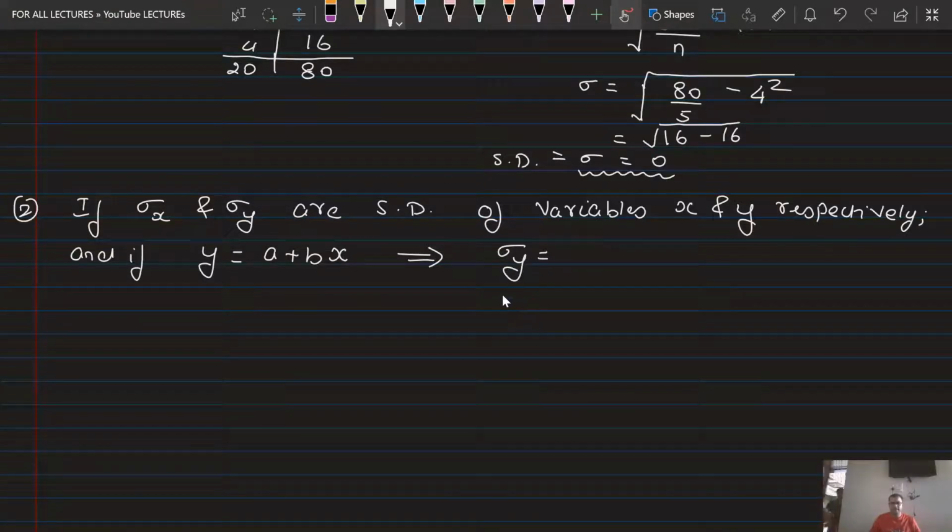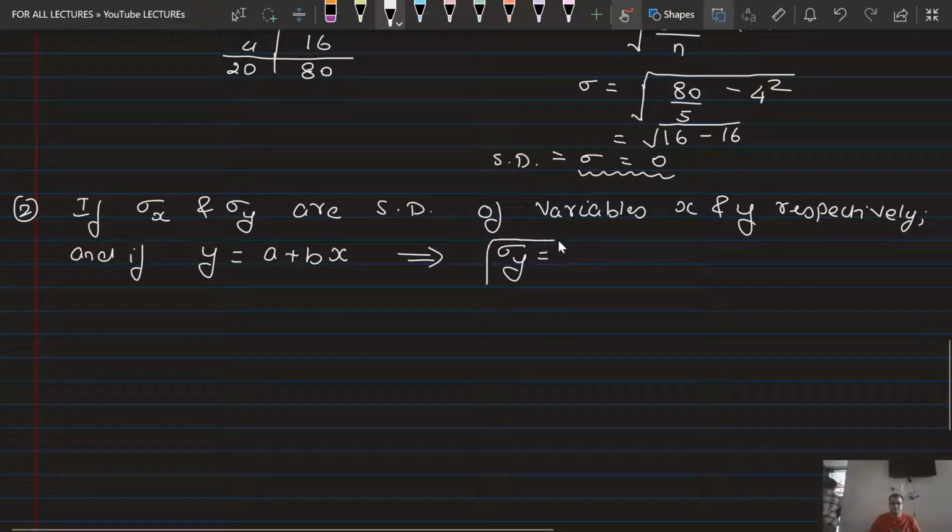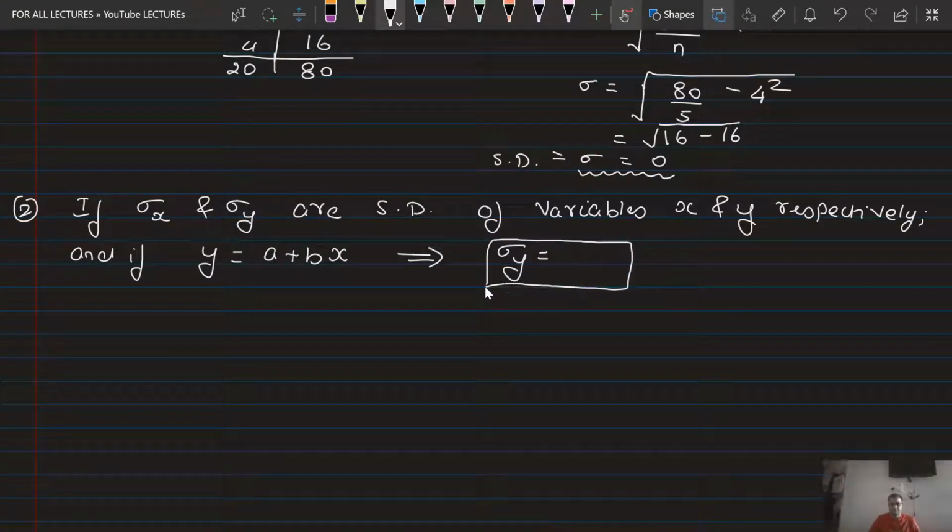Would you try? Just now as we did for the previous case. Modulus of b multiplied by the standard deviation of x. Very good, absolutely right. So this is sigma y is mod b into sigma x.